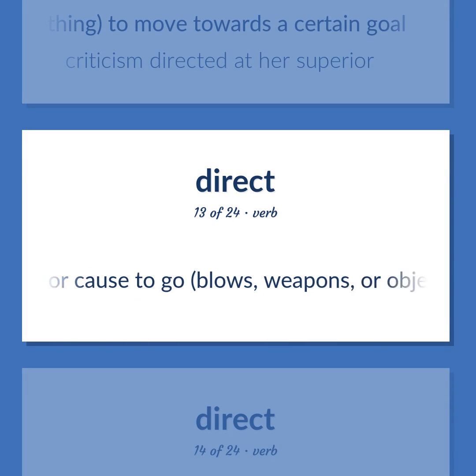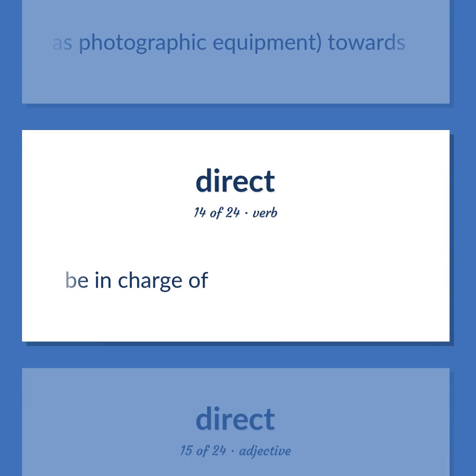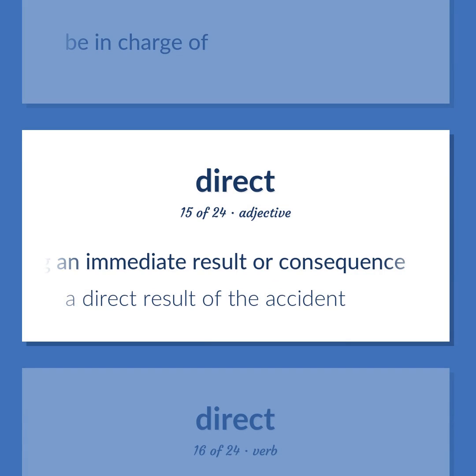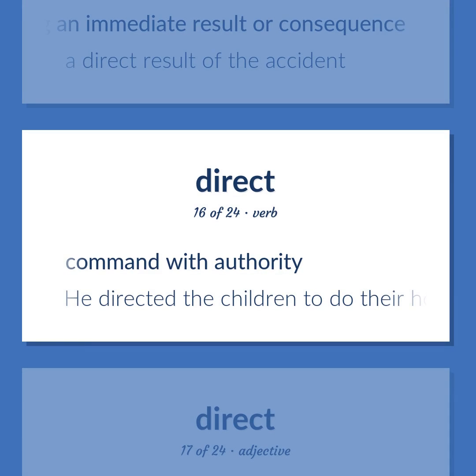Point or cause to go, blows, weapons, or objects such as photographic equipment, towards. Be in charge of. Being an immediate result or consequence. A direct result of the accident. Command with authority. He directed the children to do their homework.